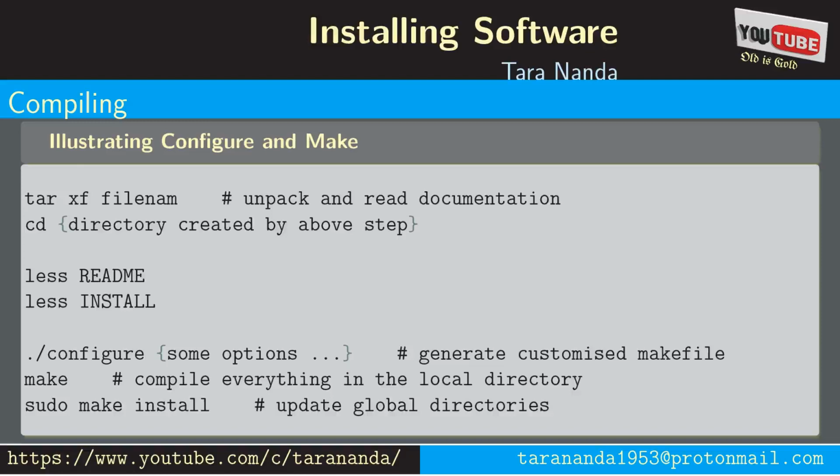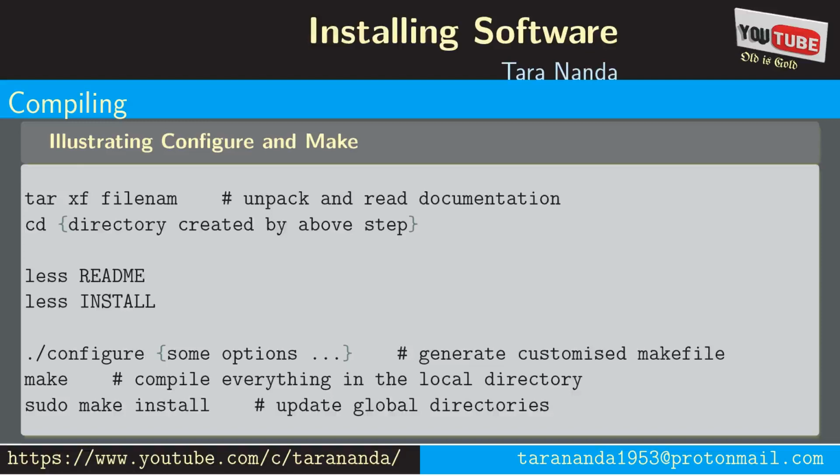So after you have ensured that all the prerequisites are met, we will issue the command ./configure with some options which will be mentioned in the readme or install files. So here, what is the meaning of dot?